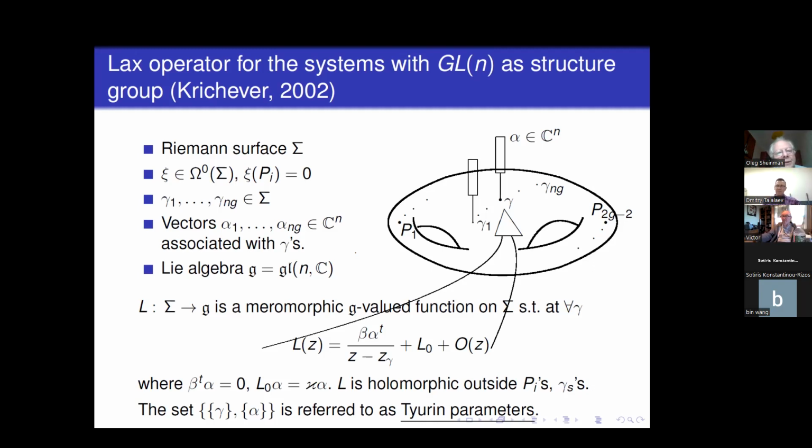Then we fix ng points on the Riemann surface, gamma_1 and so on, gamma_ng. To every such point, we associate an n-dimensional vector alpha, which we regard as a column. I try to draw them here like such columns.